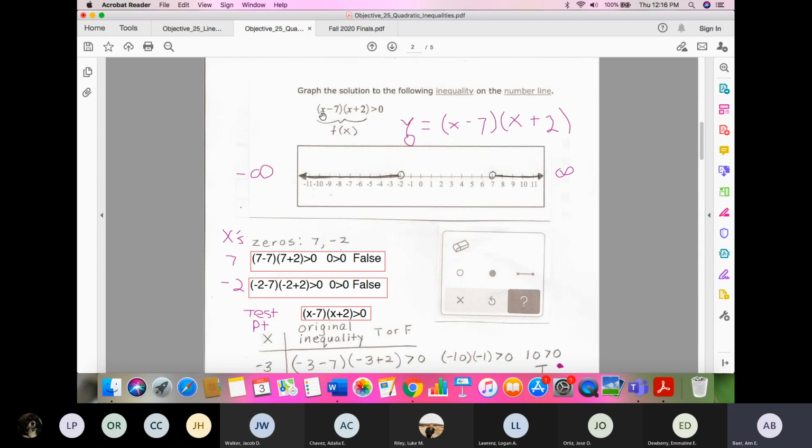Here's our inequality. It's parenthesis x minus 7 times x plus 2 greater than 0. So we want to find all the x's. We want to graph all the x coordinates on this number line which satisfy this inequality.